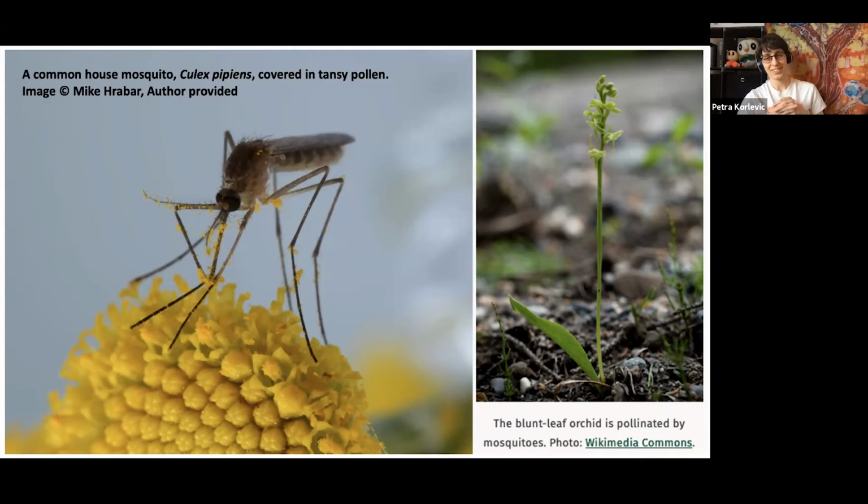And yes, so exactly what will happen if we remove the mosquito from the equation is not clear. But as some of you pointed out, any loss of diversity is probably bad. And so let's stick with that notion.